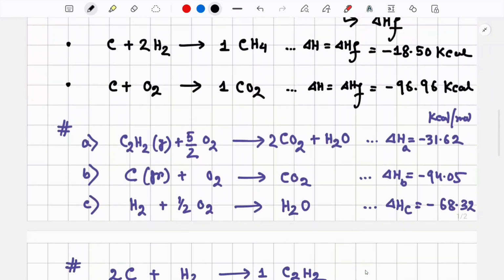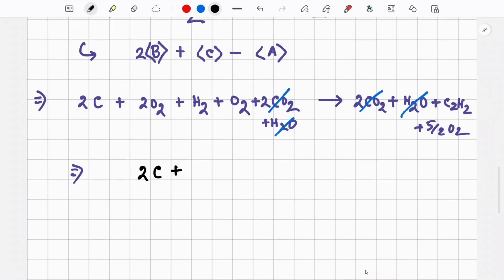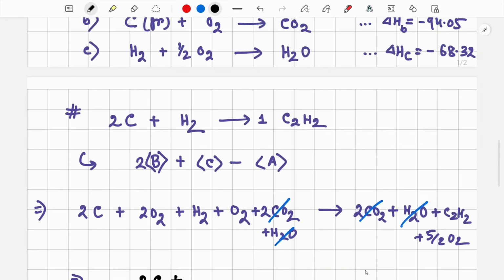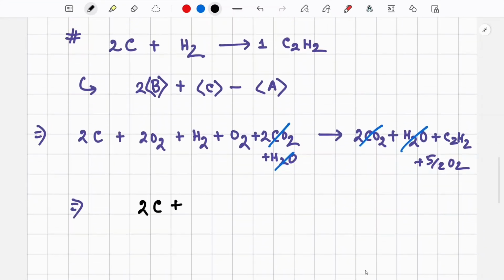Here you see how many O2 is there. Is that balanced? Then why is it not matching? One O2 is missing, I think. Oh, here it is half O2. Yes, now it is matched.